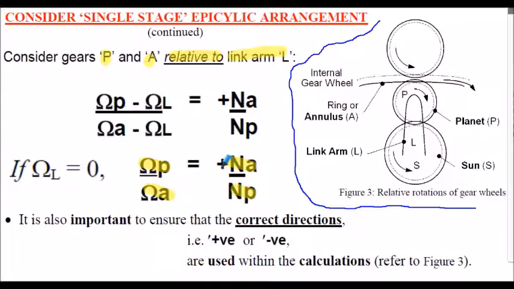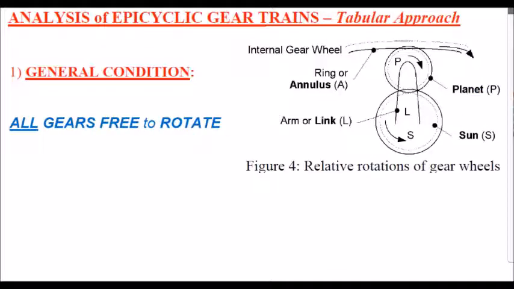Notice I've left it as positive here because the planet and the annulus, they will go in the same direction, so they're a positive direction. But we do need to put the negative in where it's applicable in our gear train. As I say, slightly more complicated analysis to consider.